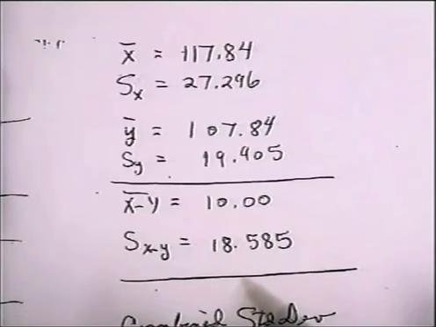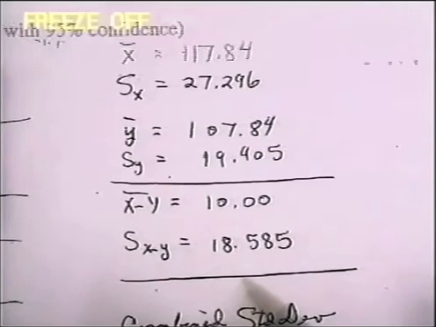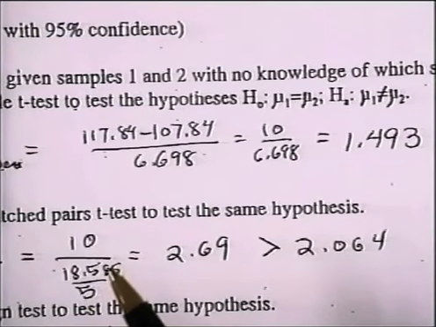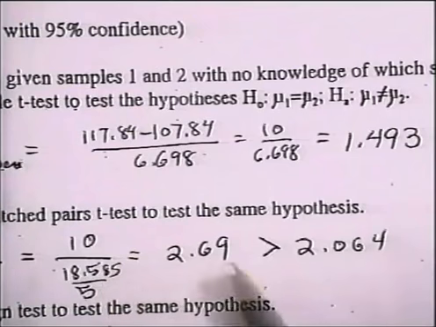That's going to take me down to doing my test. Okay? If you think of it in terms of, okay, remember 10 was my mean. My standard deviation is 18.585. I'm dividing that by the square root of 25, or 5. Okay, so this goes into that 3.7 or something. 10 divided by 3.7 gives me 2.69.